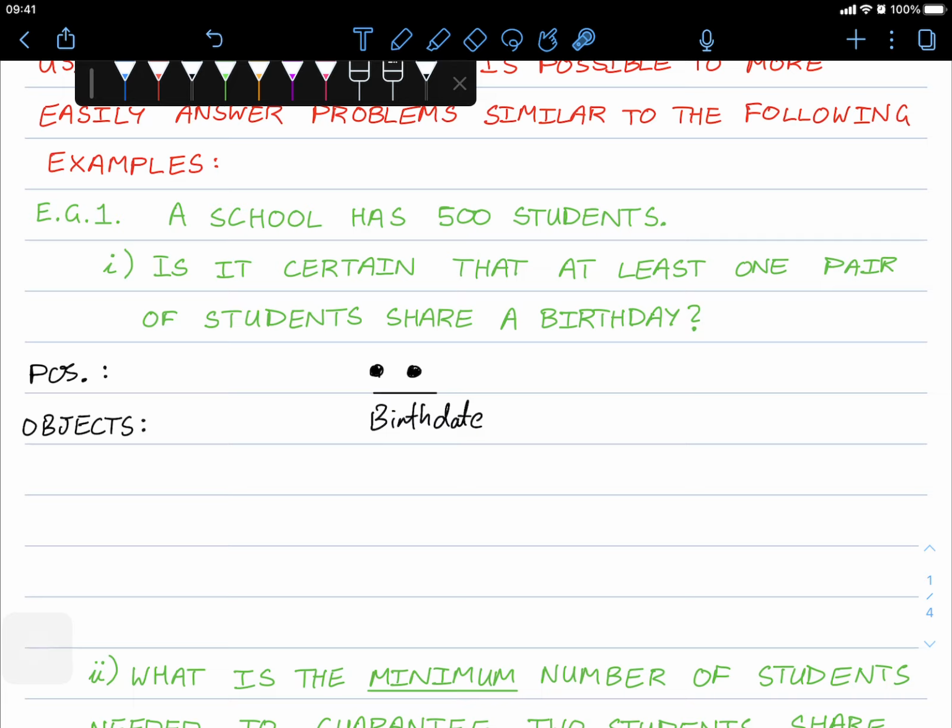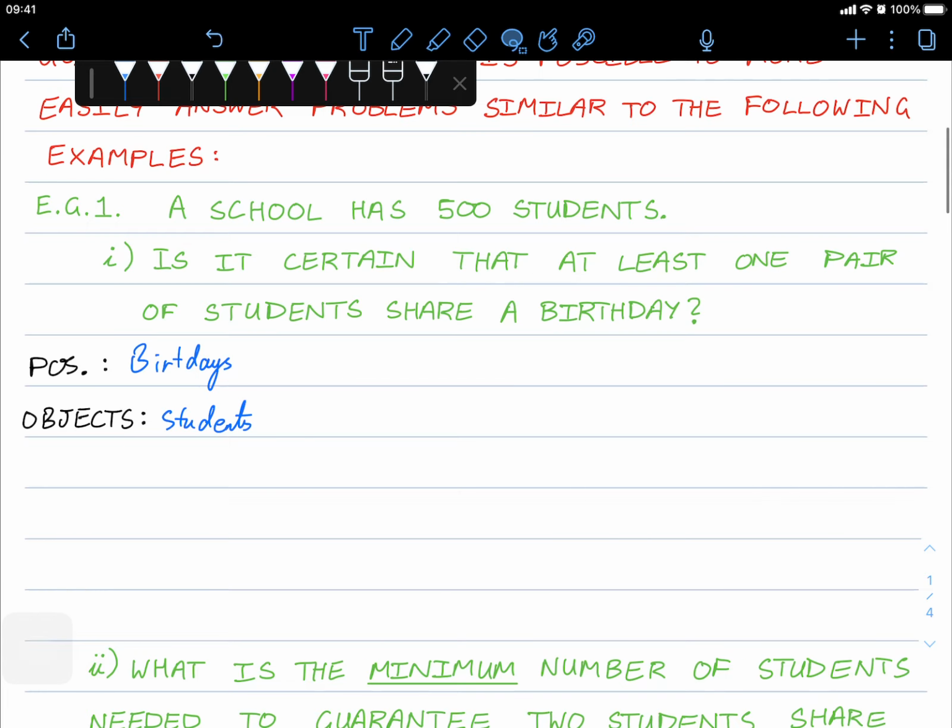It already gave you a clue as to what the positions and objects are. The positions in this case are the birthdays, and the objects are students. I just realized I spelled this wrong. Birthdays.